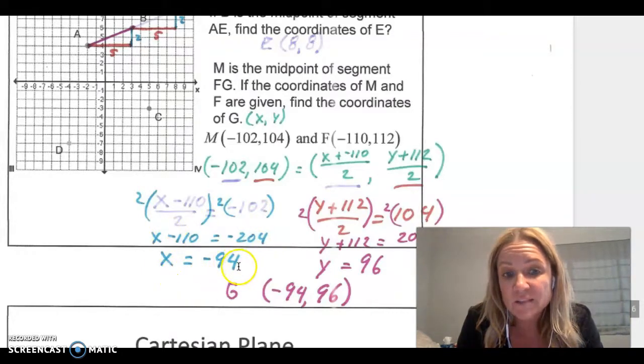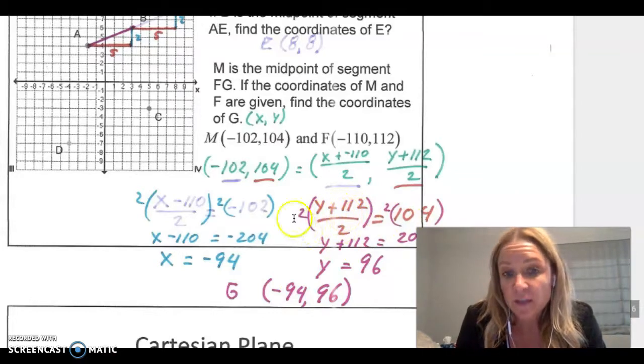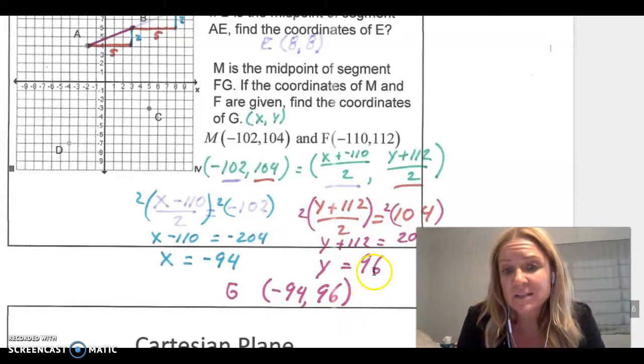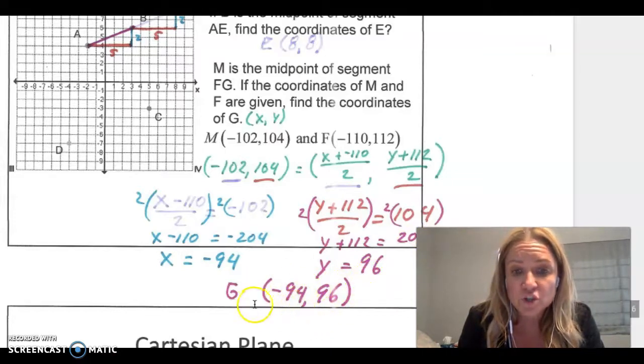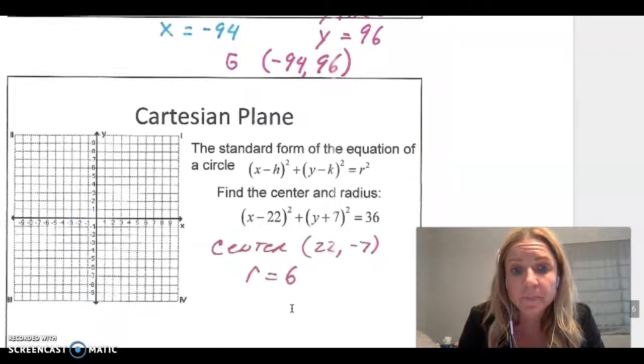Add 110 to both sides, we get -94. You can see how this would be really hard to do on a graph. And then for the y value, same thing. Multiply both sides by 2, subtract 112 from both sides, and you get 96. So that other endpoint, G, is going to be at -94, 96.